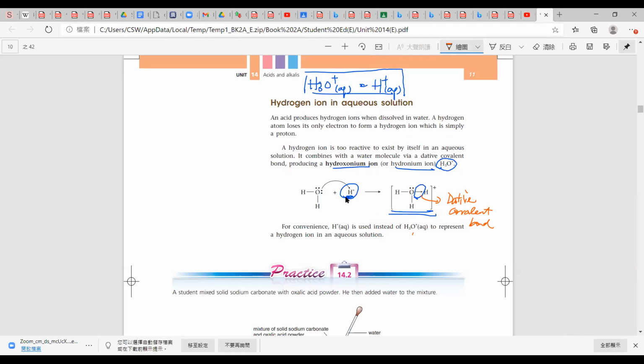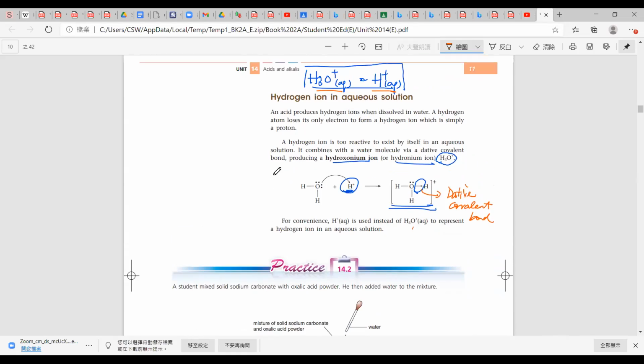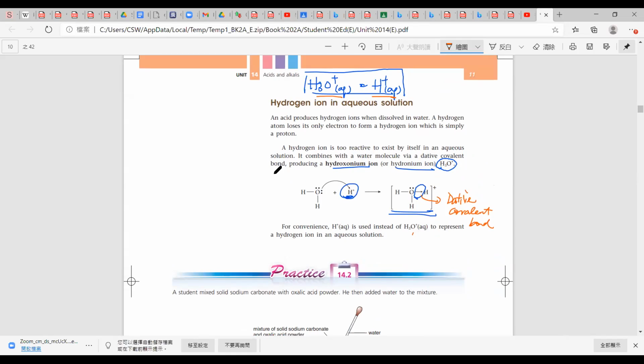We call it hydronium ion or hydroxonium ion. So simply speaking, we write H+ or H3O+ interchangeably to represent hydrogen ions in aqueous solution. Is that clear? So what is the conclusion of the first part? Water plays a very important role and is an essential substance which makes the acid exhibit acidic property. Do you understand?